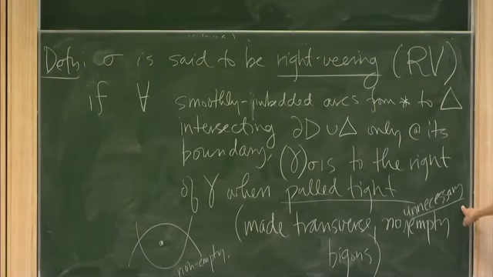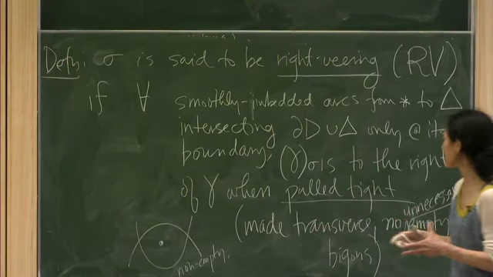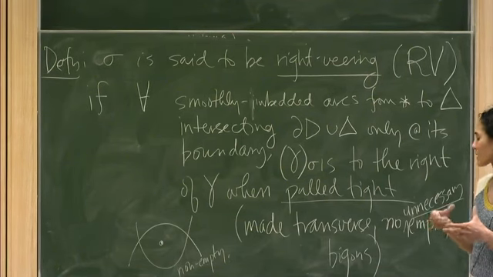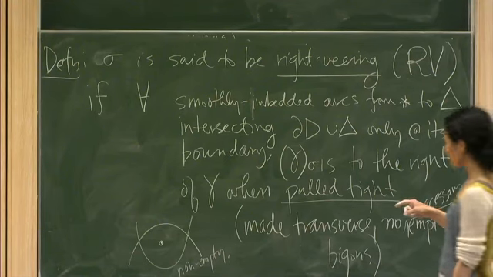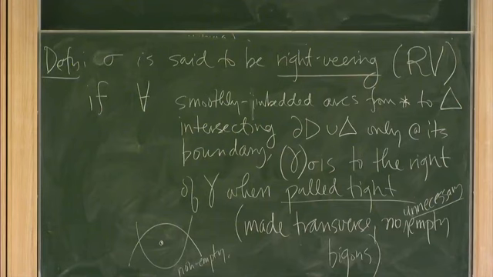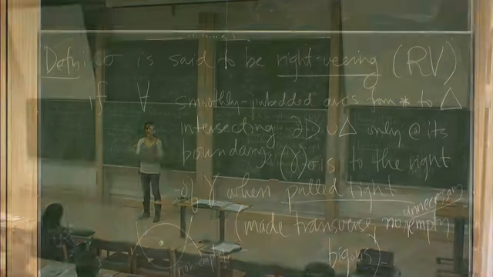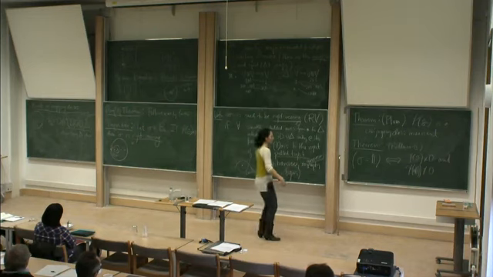Now, why am I saying unnecessary here? This is sometimes a confusing corner case: if your braid happens to fix the isotopy class of an arc, it is said to send that arc to the right, because to make that isotopy class transverse to itself in the interior, you have to move it off of itself, and that will create an empty bigon. Okay, so keep that in mind.